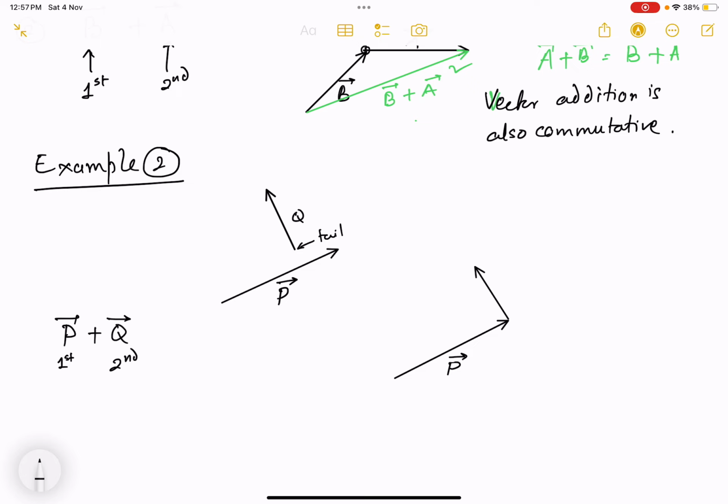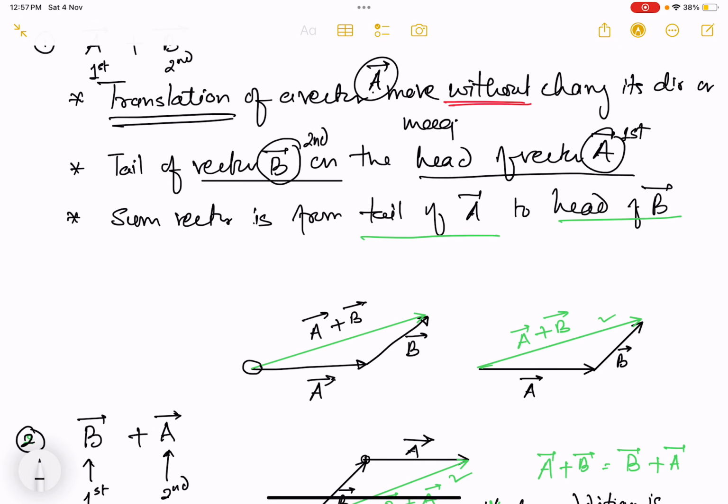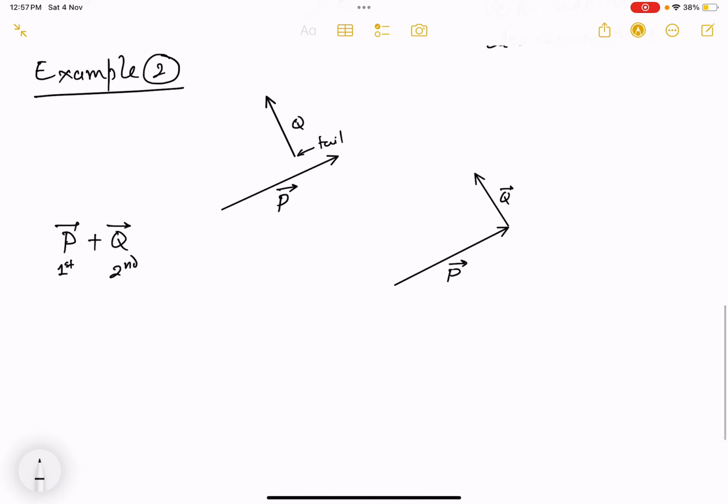Do you see this? This is vector Q. Correct? So how do I get vector R, the resultant? Sum vector is from tail of the first to the head of the second. What was first here in this case?